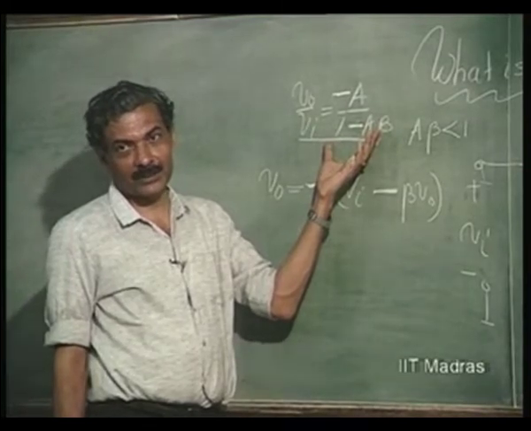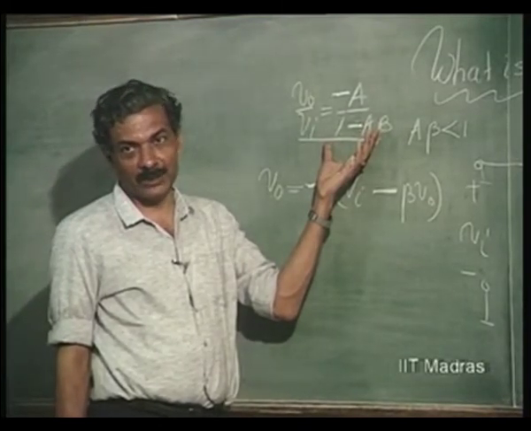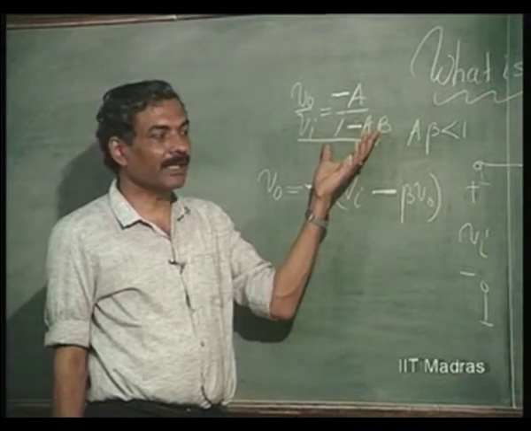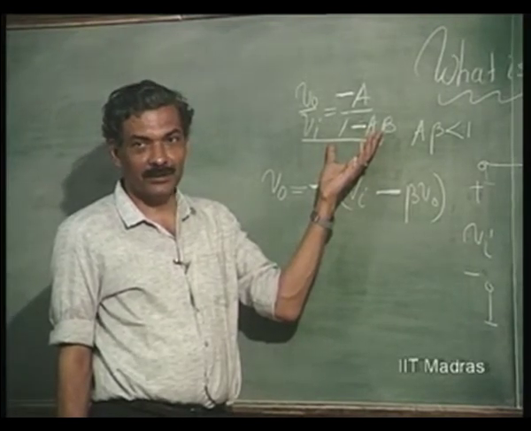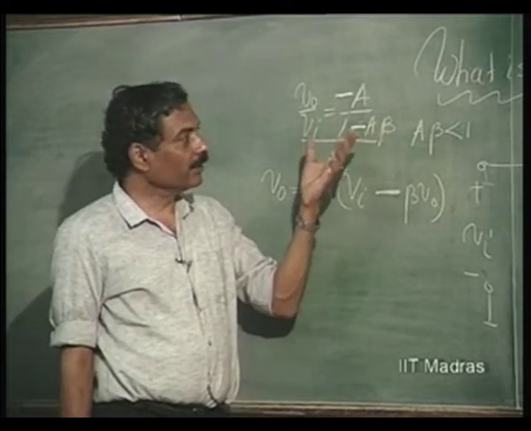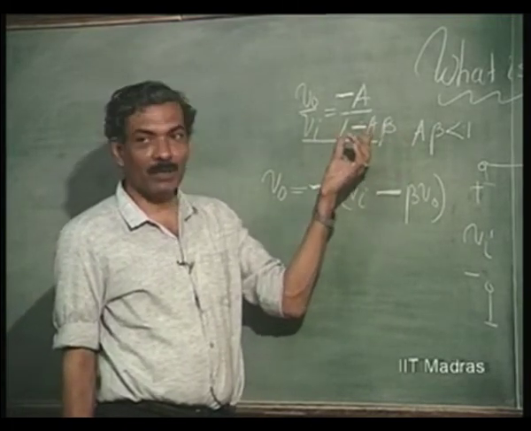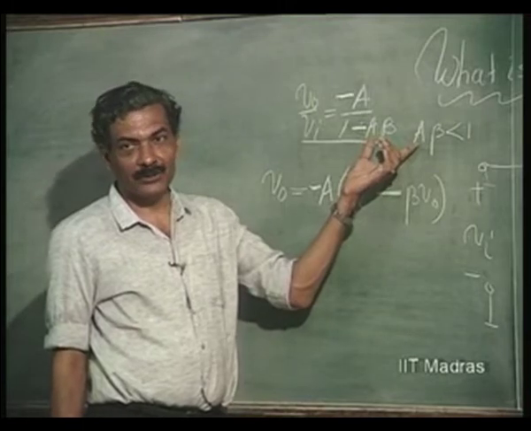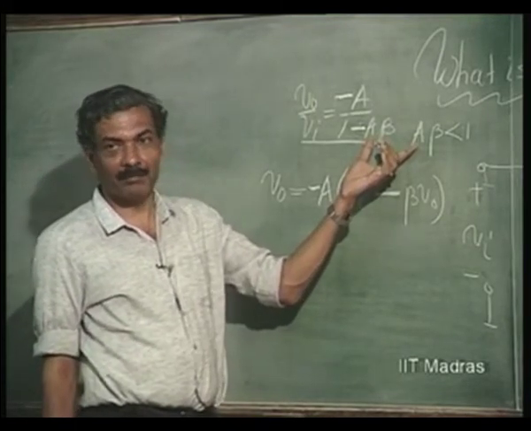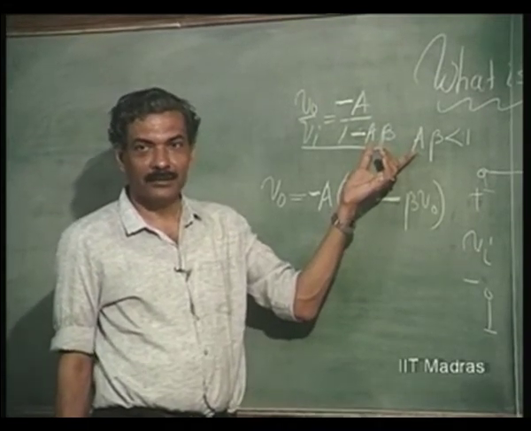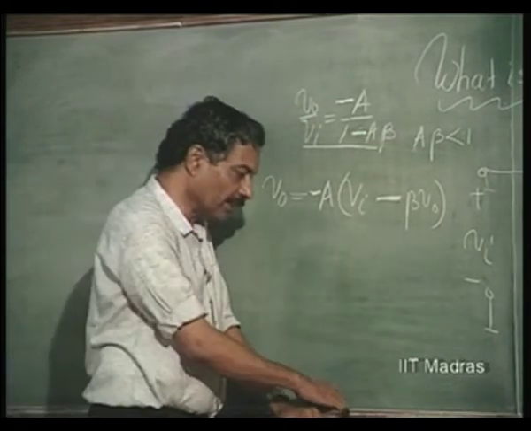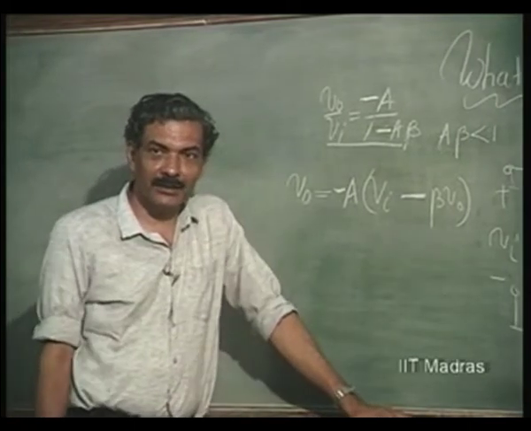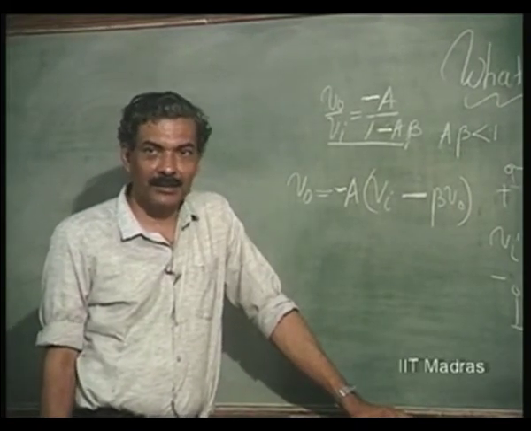That is called regenerative positive feedback, which finds application in a large number of circuits. We will discuss this later. The positive feedback with A beta between 0 and 1 is also used in what are called comparators. We will discuss this in the next class. So, positive feedback after all may be quite useful in certain other applications other than amplifiers.